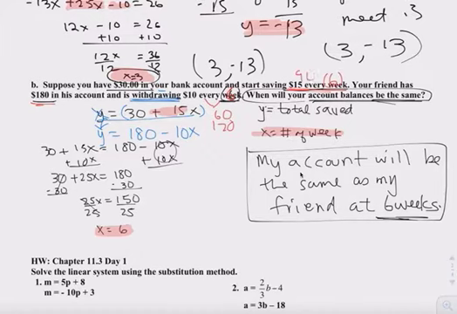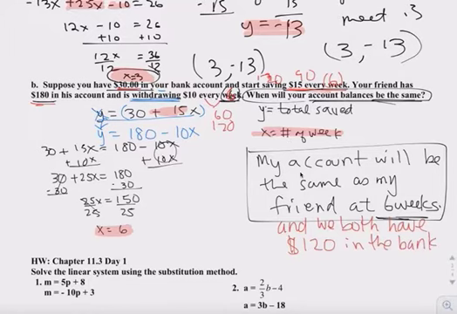That's $90. $90 plus $30 is $120. See how your amount is the same? You both have $120. My account will be the same as my friend's at 6 weeks, and we both have $120 in the bank. Okay?